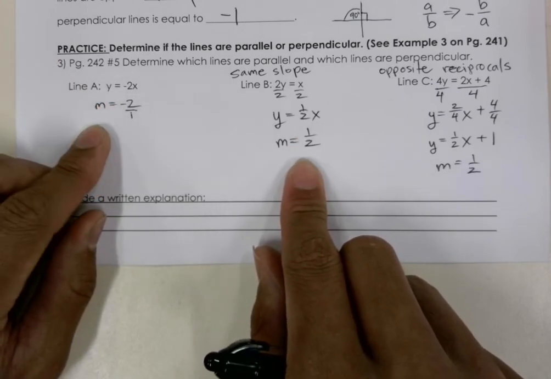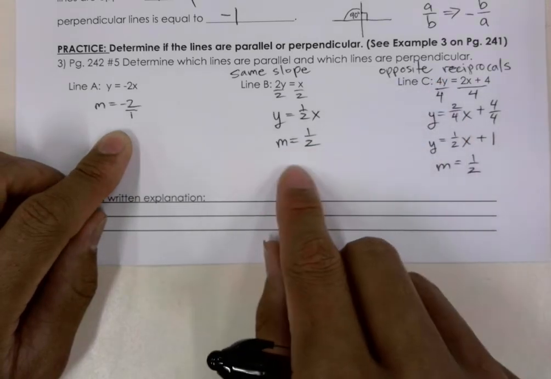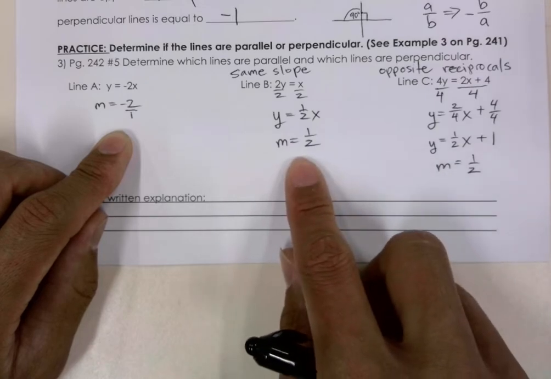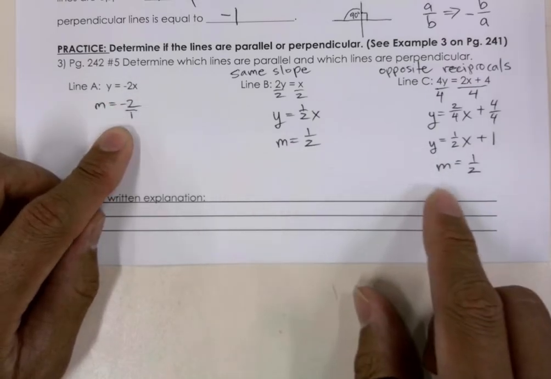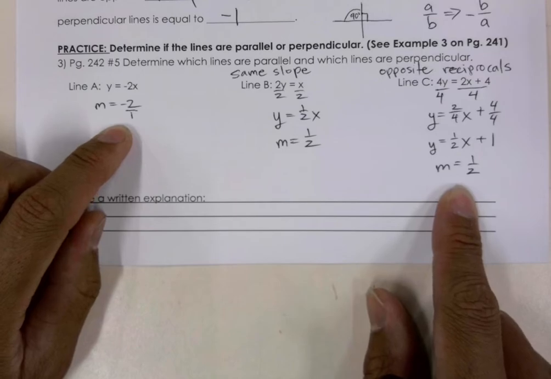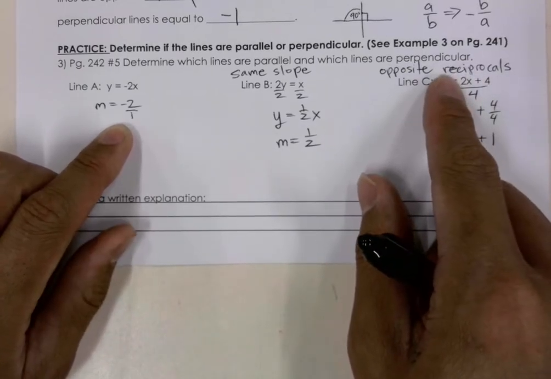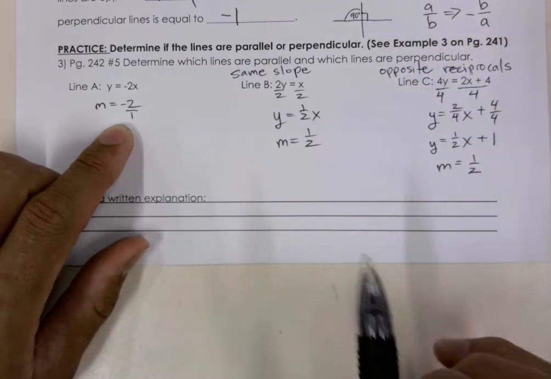So line A and line B are opposite reciprocals, and thus they are perpendicular. Line A and line C also have slopes that are opposite reciprocals, and thus those two lines are perpendicular.